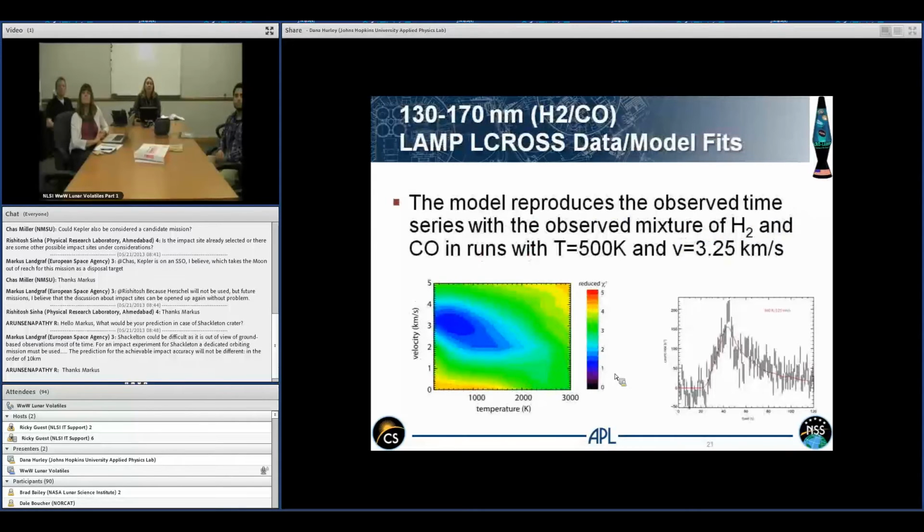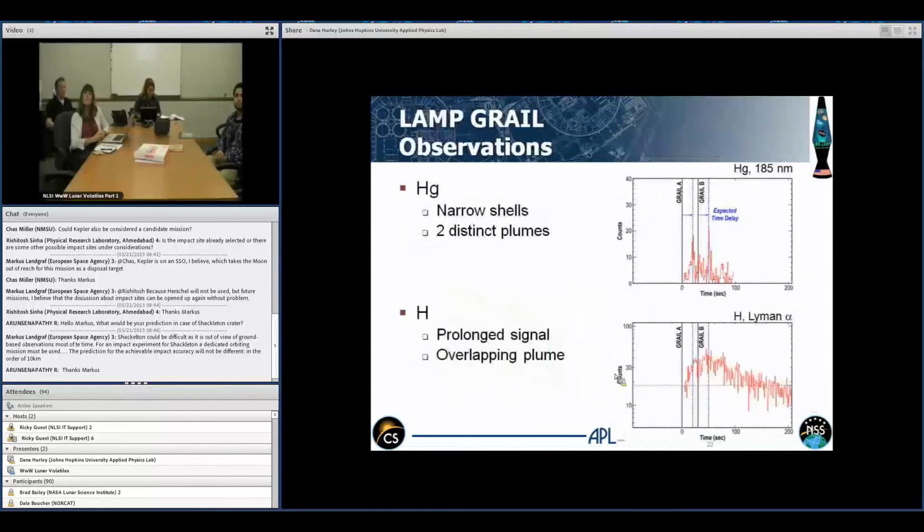We do the same thing, modeling the H2 and CO evolving in the plume and filling up the parameter space of temperature versus velocity. Because the H2 behaves so much differently, we get a different response here. You can see that the best fits come from temperatures below 1,000 Kelvin and velocities that are between 3 and 4 kilometers a second.